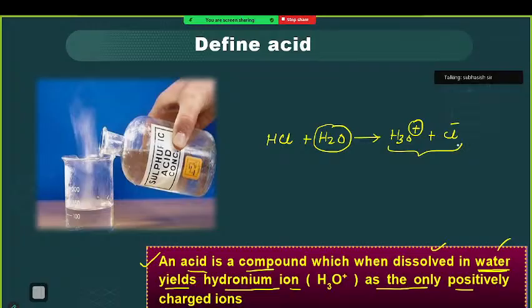So here you see that the only positively charged ion is hydronium ion. So HCl is an acid, because HCl gives H3O plus in aqueous solution. That's why HCl is termed as acid. So this is the definition of acid. An acid is such a compound which, when dissolved in water, yields hydronium ion H3O plus as the only positively charged ion.